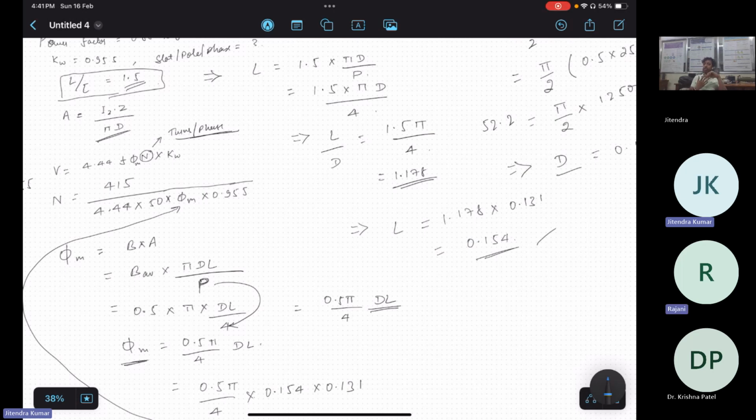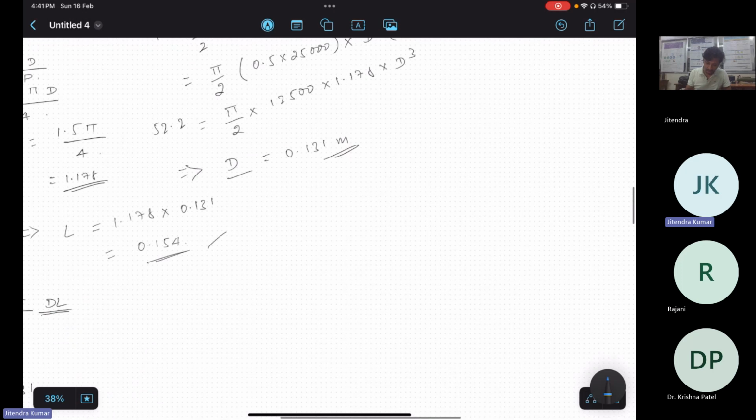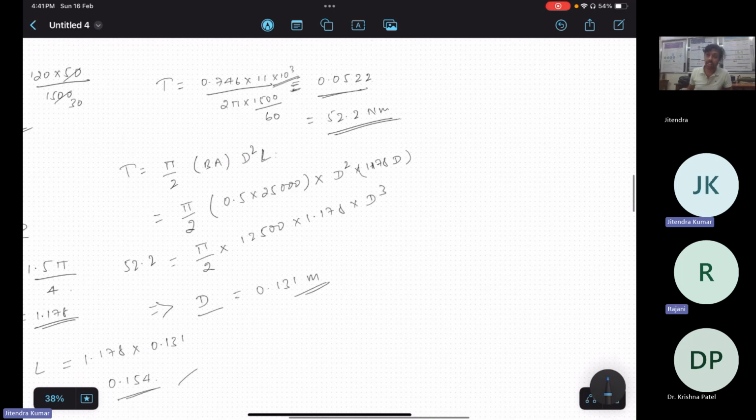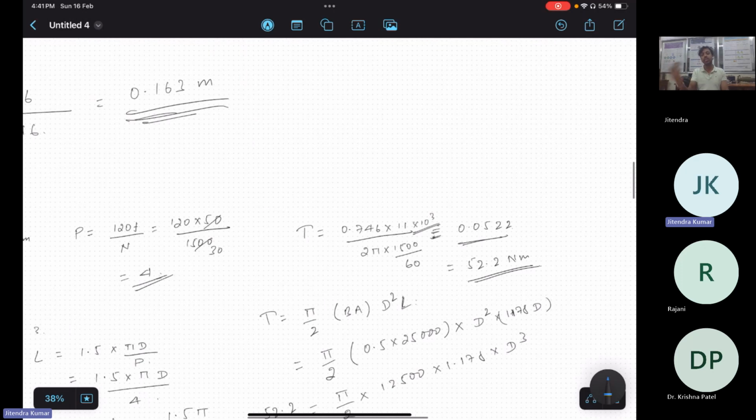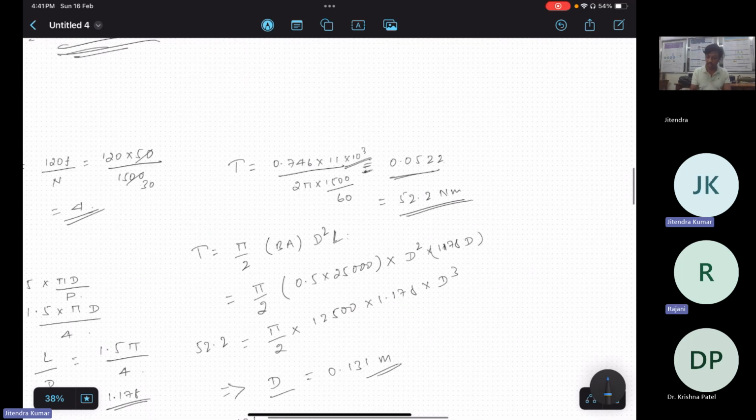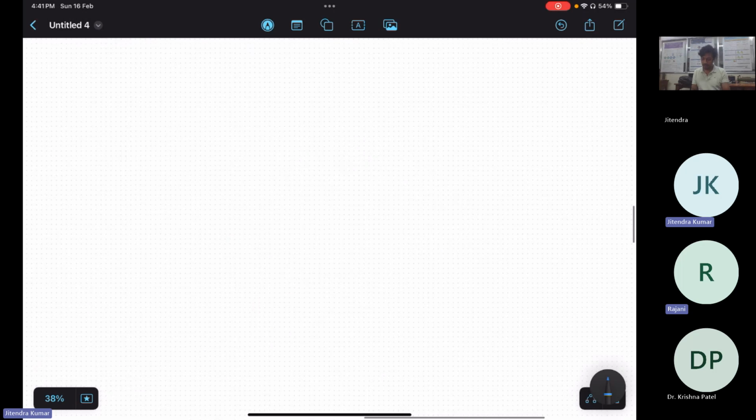Cogging is also called magnetic locking, or tooth locking. If the stator and rotor slots are equal, or the ratio is such that both are aligning very frequently, that alignment position is a very least reluctance path. So the rotor would not want to leave that position, and it will require higher starting torque.